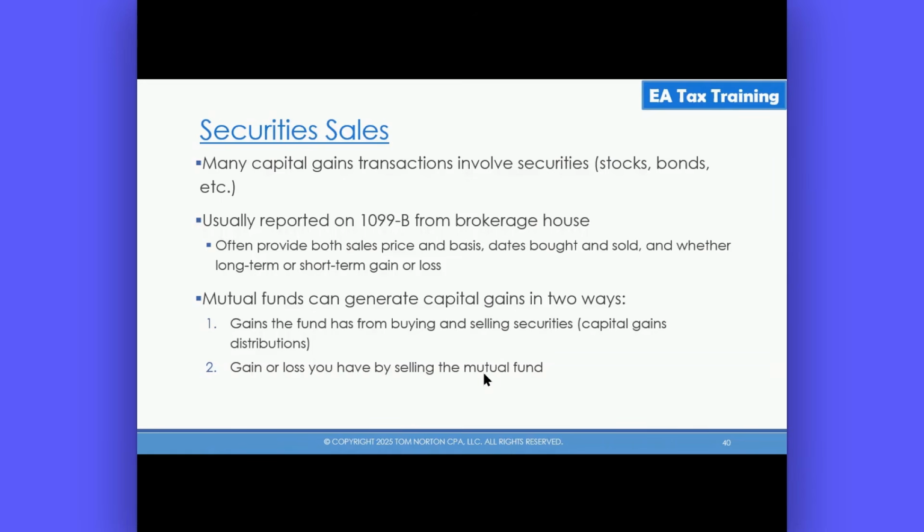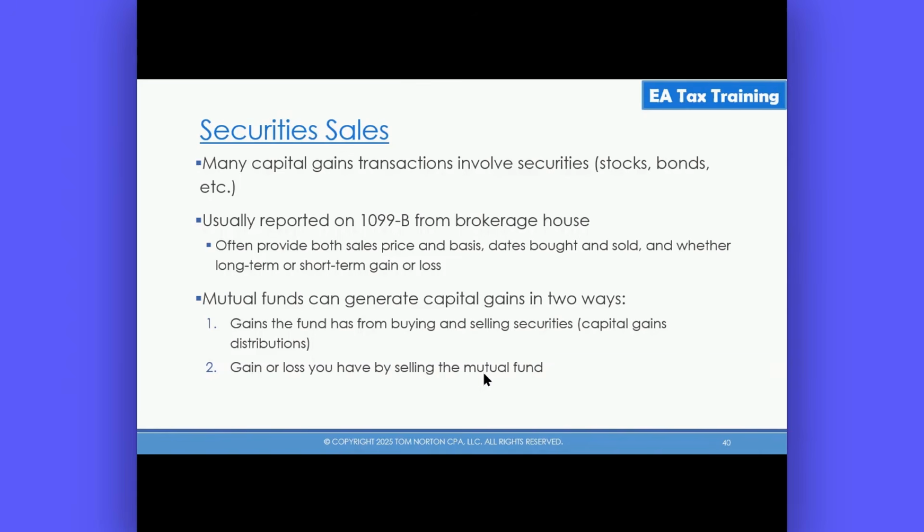First of all, the mutual fund itself will have gains from buying and selling securities. So remember, a mutual fund is when a lot of people put their money all together. I put some money in, you put some money in, lots of other people put some money in. And then the manager of the mutual fund goes out, they pool all of our money together, and then they go out and buy securities, such as stocks or bonds or things like that.